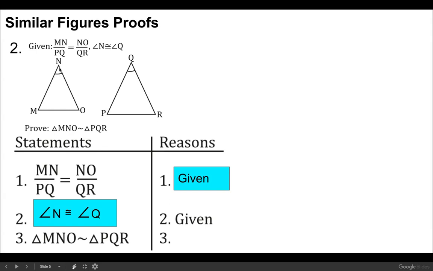Then we have the angle that corresponds, and then the side, NO to QR. So if you read those in order, side, angle, side corresponds to the side, angle, side in the other triangle. That gives you the proof or reasoning for these similar figures.